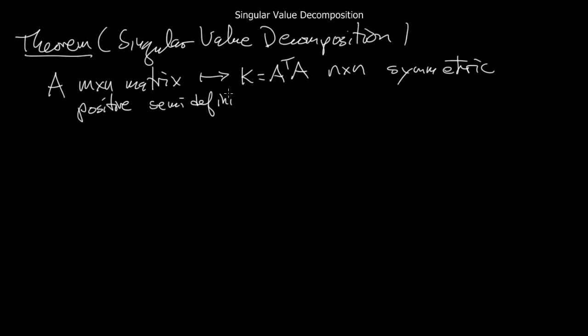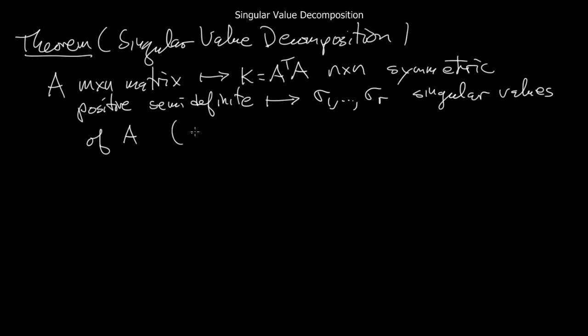And so you can compute its eigenvalues, and by taking the square root of the non-zero ones, you get the singular values labeled sigma 1 through sigma r. I'm just reminding you that the sigma i's are the square roots of the positive eigenvalues of K. All right, so that's the singular values.